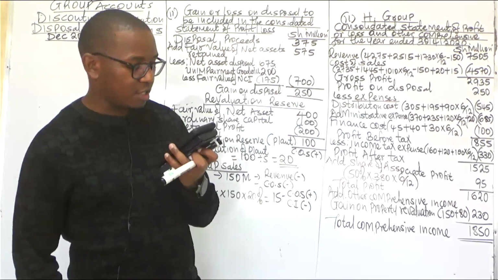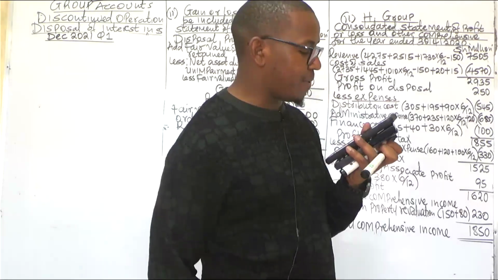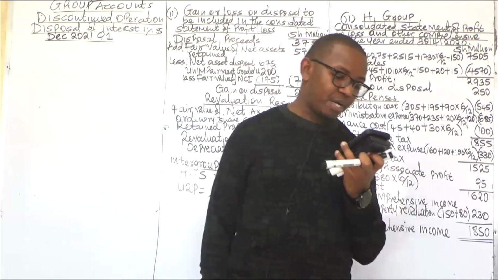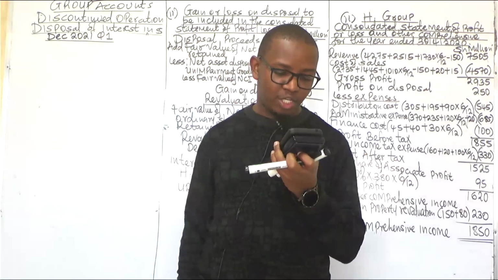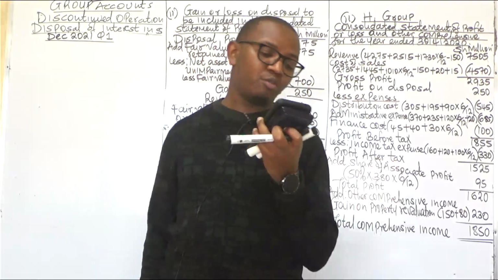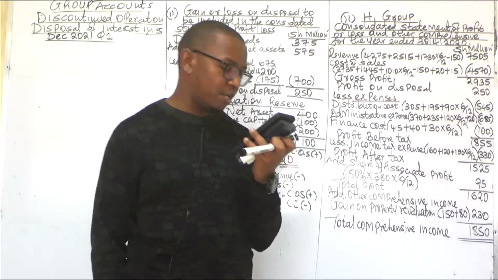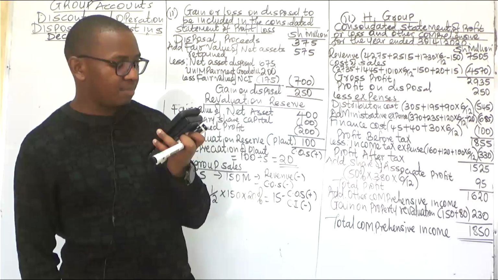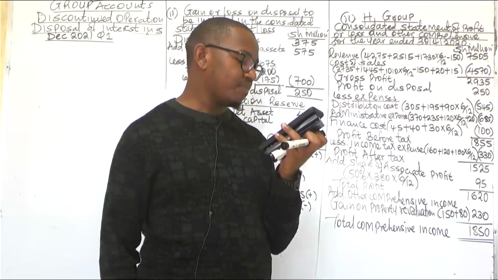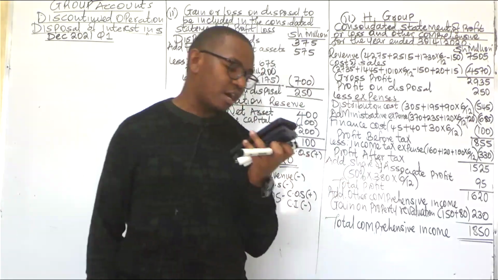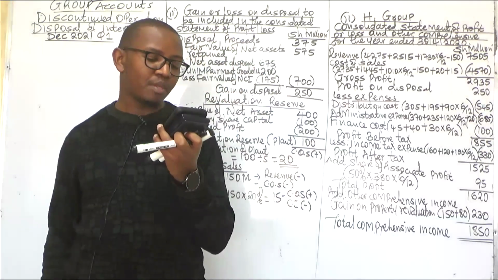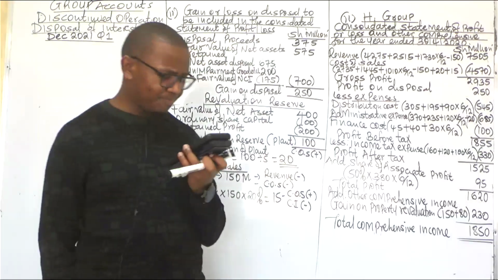We have the non-current assets, the property, plant, and equipment, investment, and the financial assets. We also have the current assets, and the equity and liabilities: the ordinary share capital, share premium, and the retained earnings. Total equity we've been given there, and we also have the non-current liabilities and current liabilities.